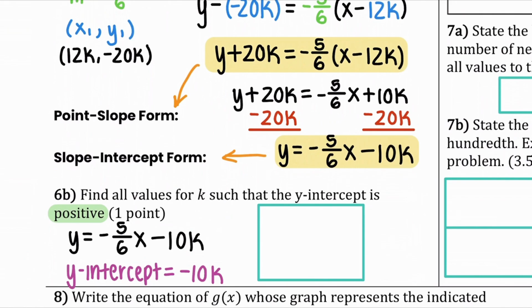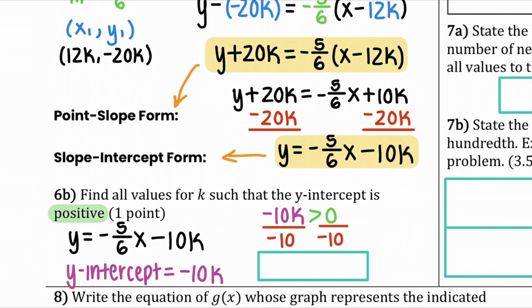They're asking us to find when the y-intercept becomes positive. By definition, positive numbers are all greater than 0, so we can set this expression greater than 0 and solve for k. Dividing both sides by negative 10, we have to remember when working with inequalities, we have to flip the sign in order to maintain truth. Therefore that gives us k is less than 0.